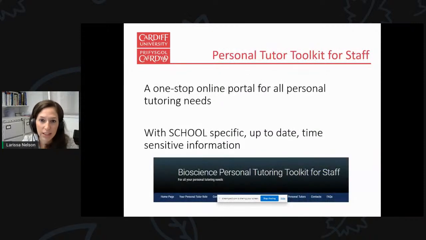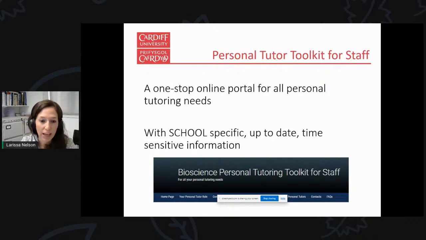So we developed this one-stop portal, an online personal tutor toolkit for staff. This was actually in the pipeline before COVID, but it was quite good timing with when it was due to be released, because it was released during COVID. The plan was to provide school-specific, up-to-date information that was managed and updated regularly, so it could contain time-sensitive information.